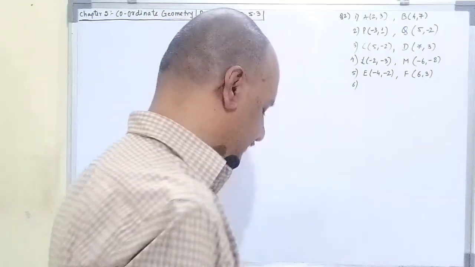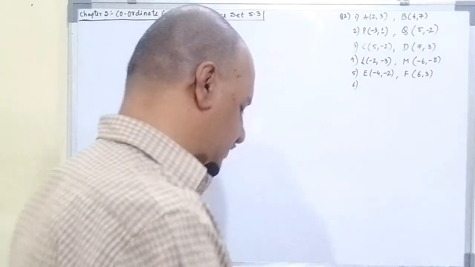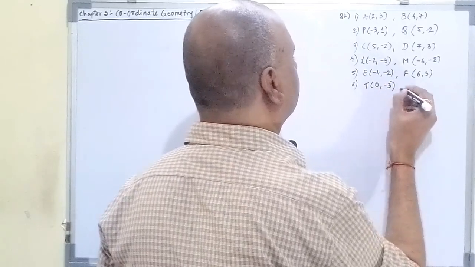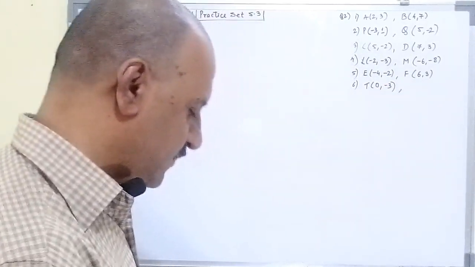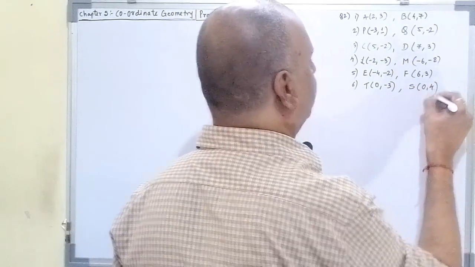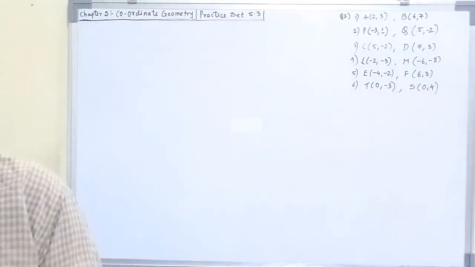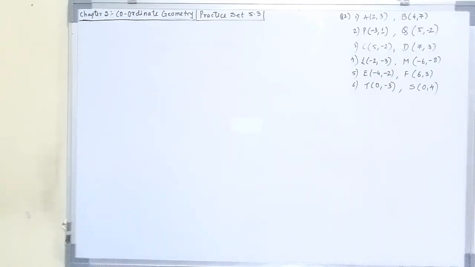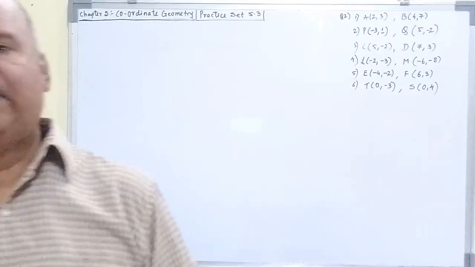T is 0, -3. S is 0, 4. They say find the slope of a line passing through given points.